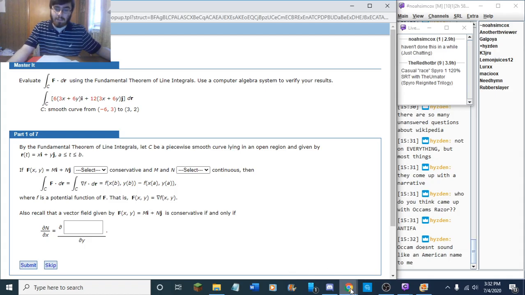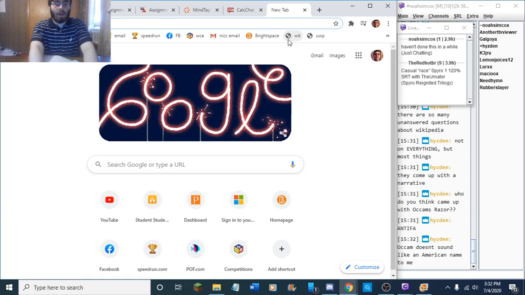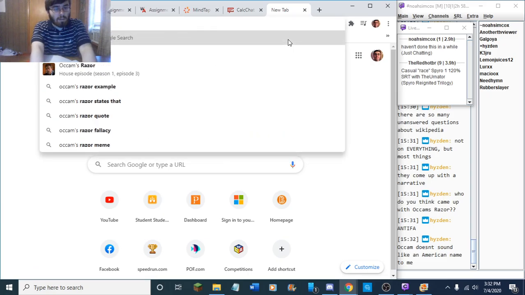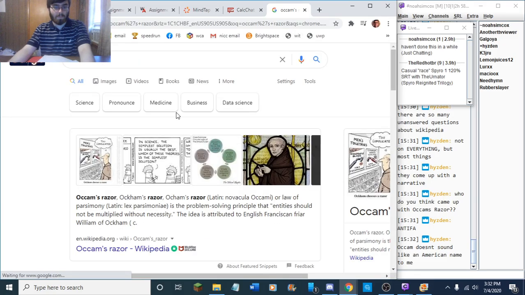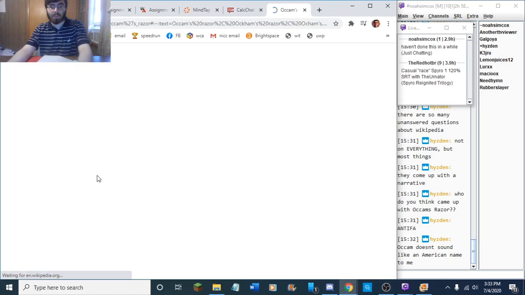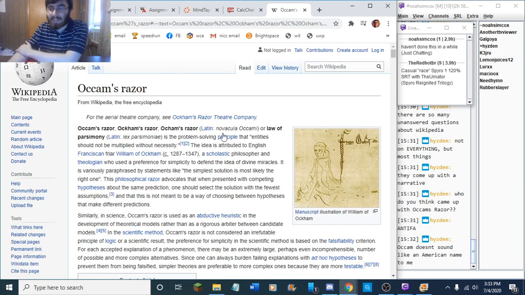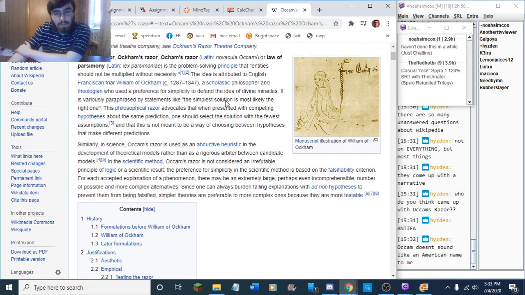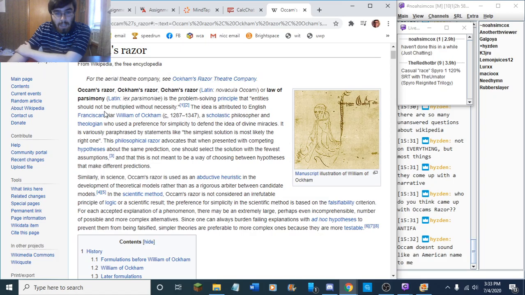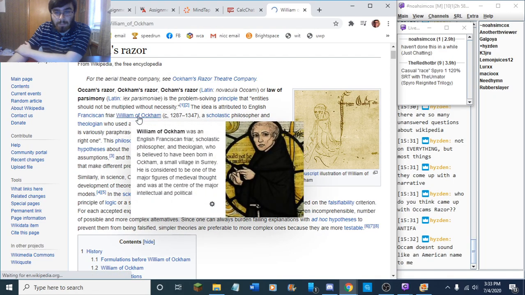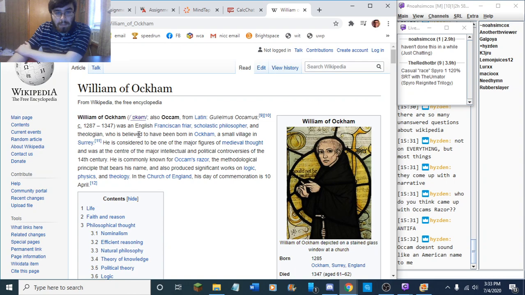What even is Occam's razor? It's named after somebody named Occam, but I don't remember. Occam's razor. Let's see. Well, yeah, I know I'm going to Wikipedia. I know. Whoops, I guess this is not a reliable source. Who is it named after? William of Ockham. William of Ockham was an English Franciscan friar, scholastic philosopher.